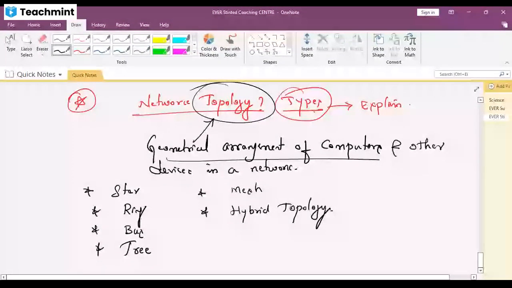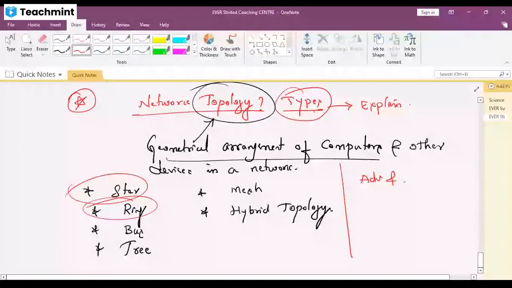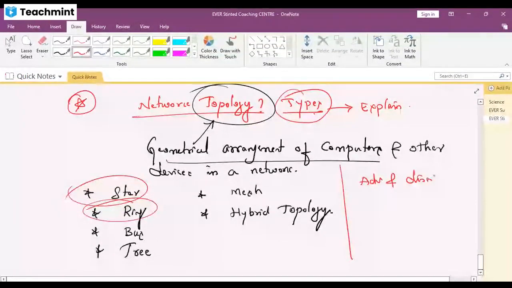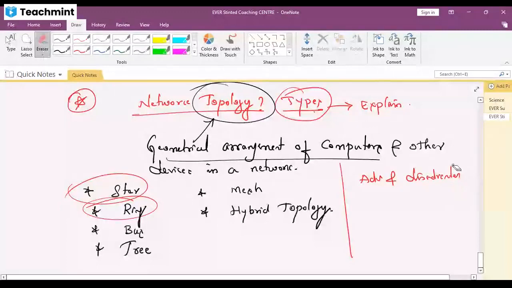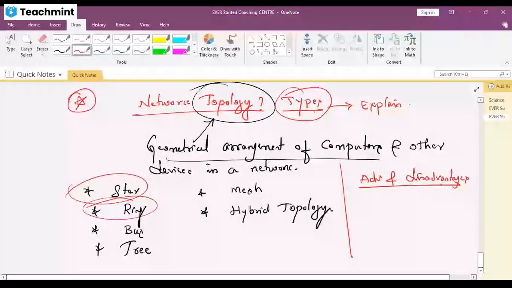And here one more important question: you have to study the advantages and disadvantages of all these topologies. Sir, what is the fifth point, sir? Tree, after that the next point, mesh. Next is hybrid.